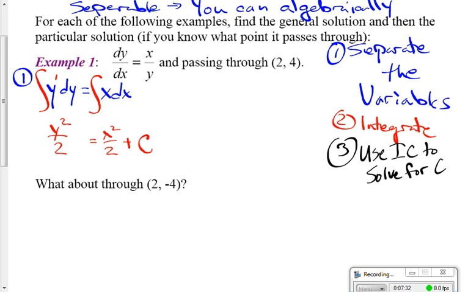So the initial condition is 2, 4. So for part 3 here, I will put in 4 for y and 2 for x. C is 6.